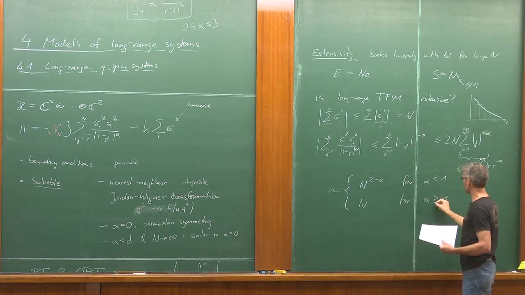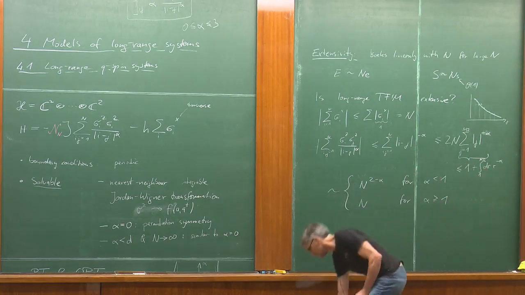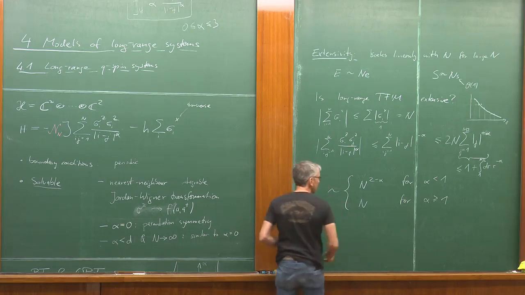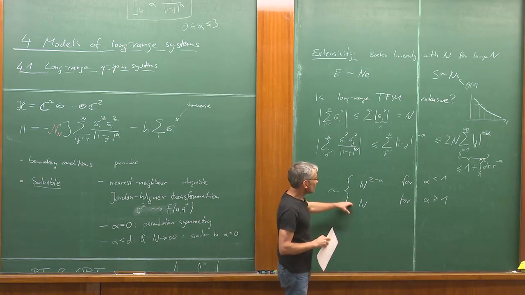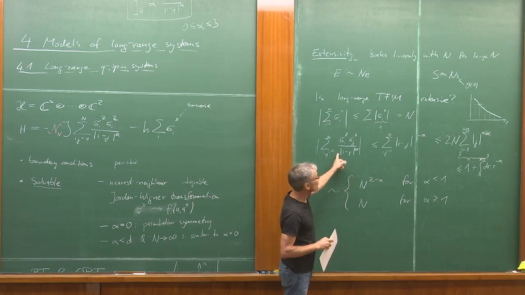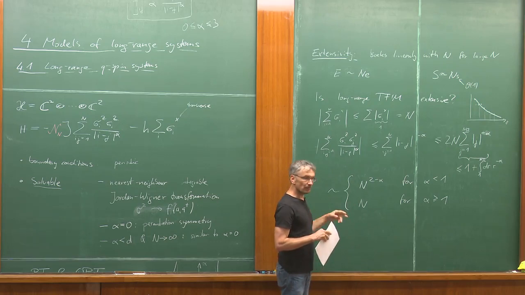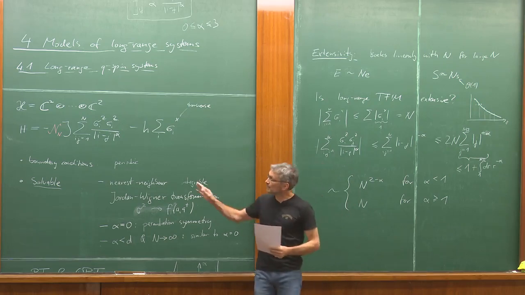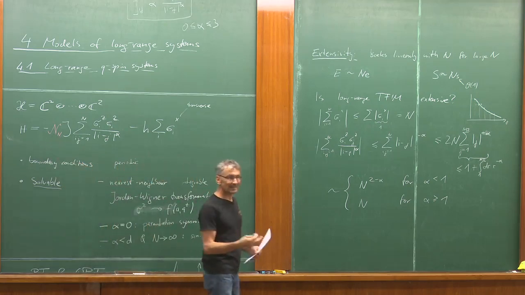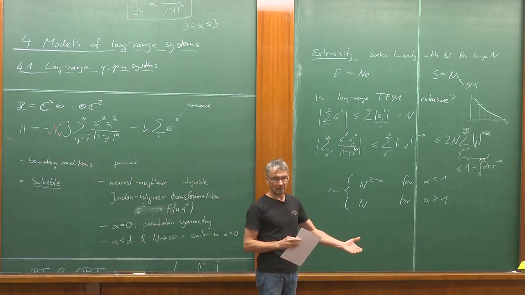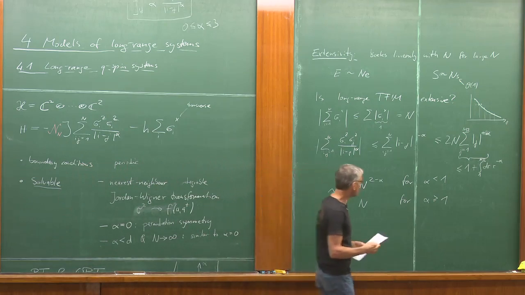I can put the equal sign wherever I want because it's going to be equivalent anyway. So for alpha larger than 1, this term is extensive. For alpha smaller than 1, it is not. And this is the reason why, if I want to make this term extensive, I have to introduce a factor here that scales with the system size for alpha smaller than 1 and does not scale with the system size for alpha larger than 1.